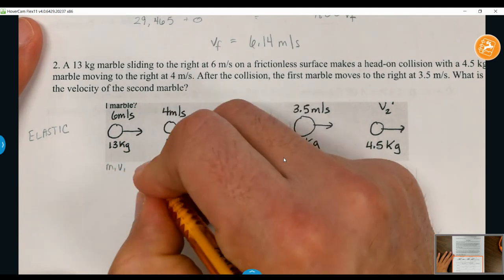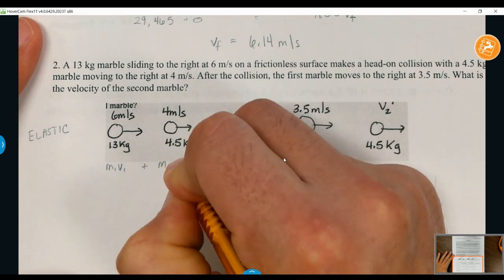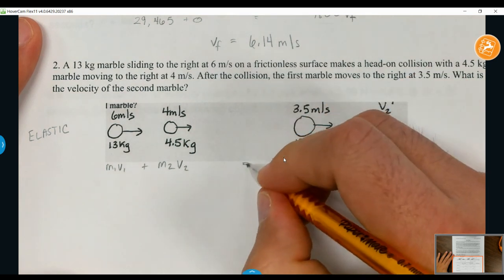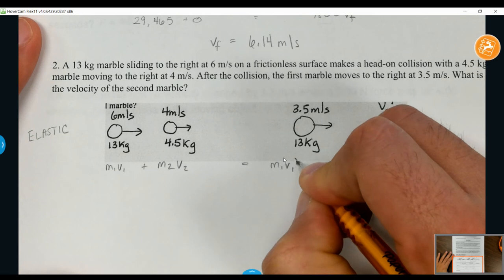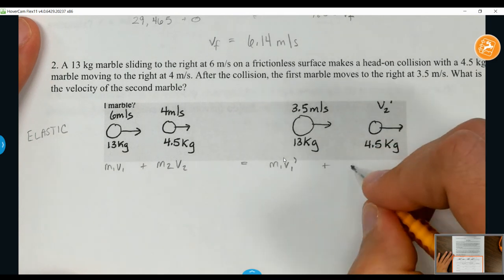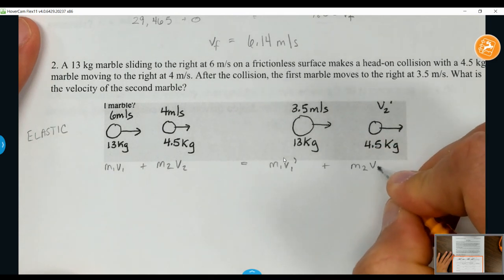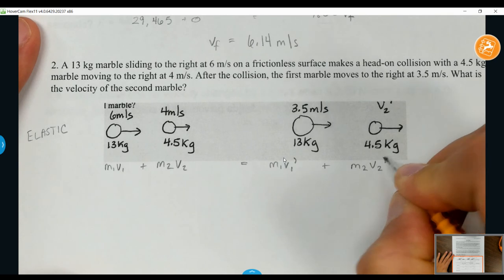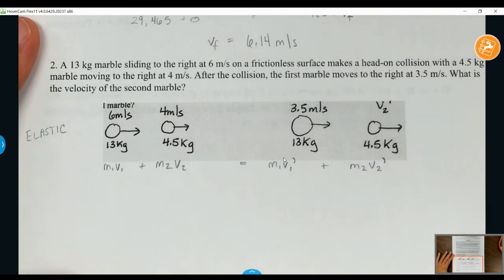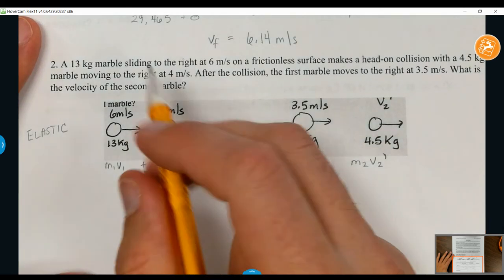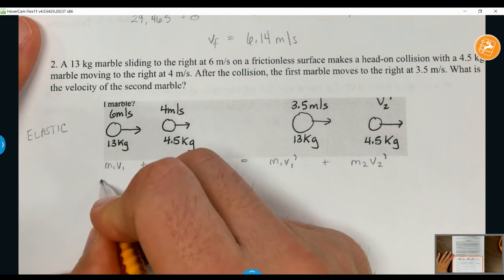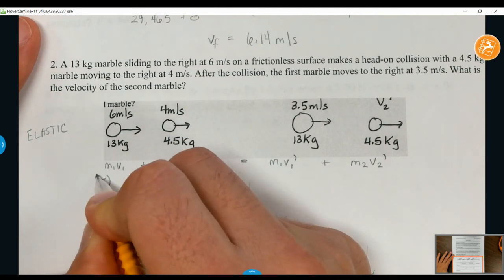M1 V1 plus M2 V2 equals M1 V1 prime plus M2 V2 prime. These little apostrophes, or the prime, just means the velocity of the objects after the collisions.